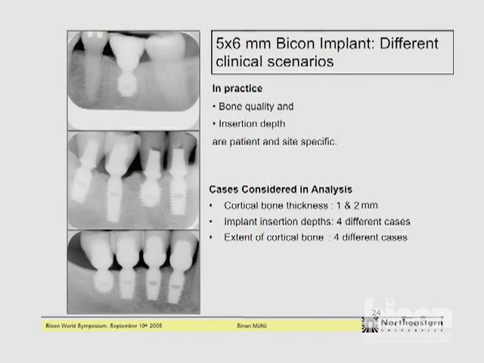Now, I'm going to analyze the implant by using finite element method, but what type of assumptions do I need to make in terms of the bone quality and implantation depth and so on and so forth? So over here I have some slides, and in practice it's very obvious that the bone quality and insertion depth are patient and site specific, and you know this much better than me, of course.